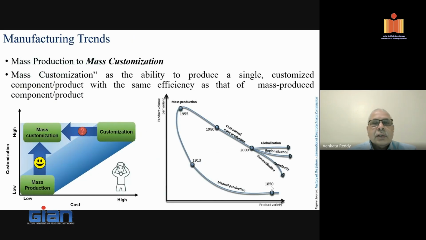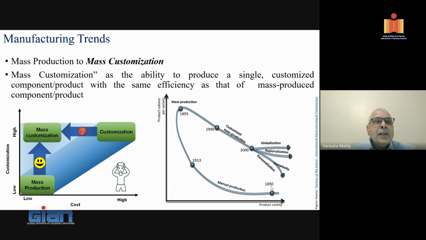Now, how manufacturing is changing, you all know, particularly at present time, if you are observing the trends, it is much more complex. The mass production to mass customization: there was basically a saying, as long as its color is black, I can supply anything. Okay, that was the once upon a time statement.